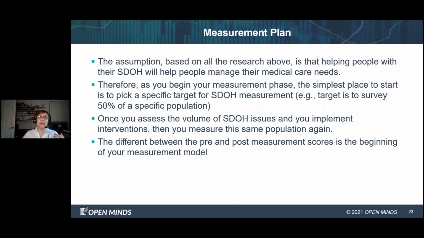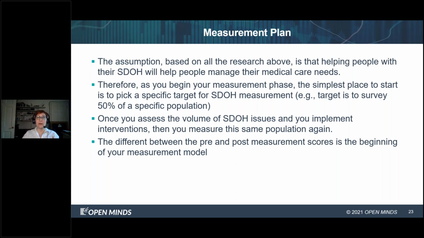And so, the big assumption is that if you help people with their social determinants of health, you're going to reduce medical care needs. So as you begin your measurement phase, you want to pick a specific target for your social determinants of health measurement, right?